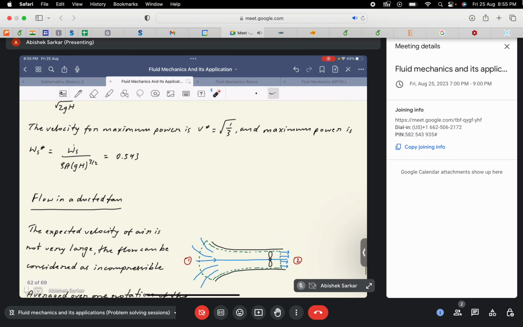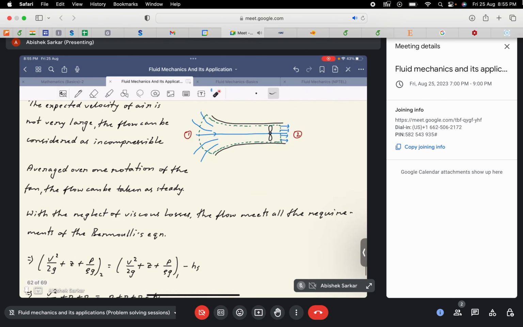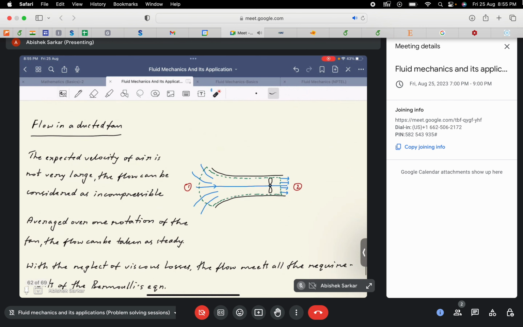Okay, then flow in a ducted fan. Again, this is another turbo machinery; fans, turbines and pumps are what we are discussing. So a fan is another turbo machinery that can be used to generate flow at higher velocities.